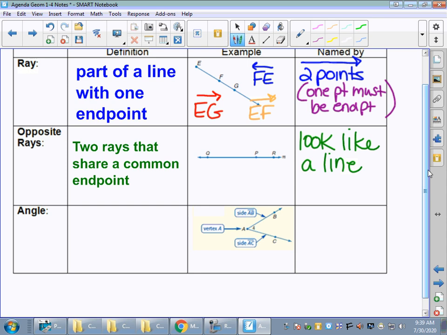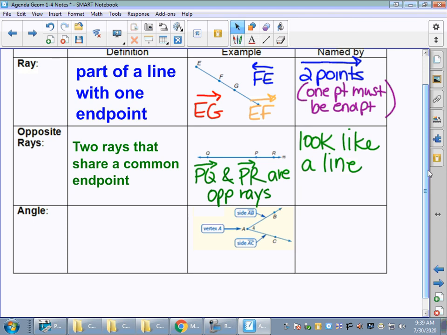Instead of saying that example is line QR, we could say ray PQ, that was supposed to be a Q. Ray PQ and ray PR are opposite rays. The only reason you need to know that is because they often use that in directions instead of saying Q, P, and R are collinear. They might do it that way. So opposite rays, it looks like a line.